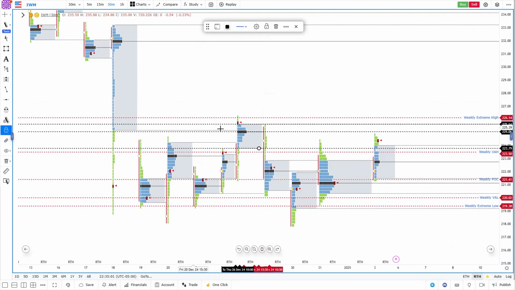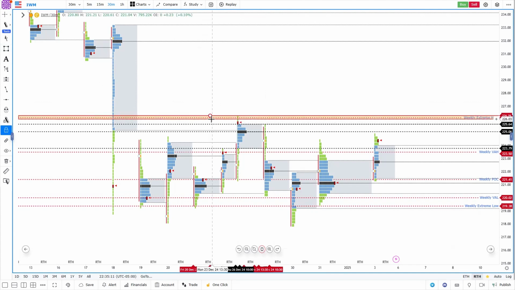So, here's a quick lesson. All right, so this is the very top of the 26th, which is called the extreme high. If I go from the extreme high down to the very top of where buyers and sellers agreed the most, can you see where on the 27th we opened roughly 224.29?